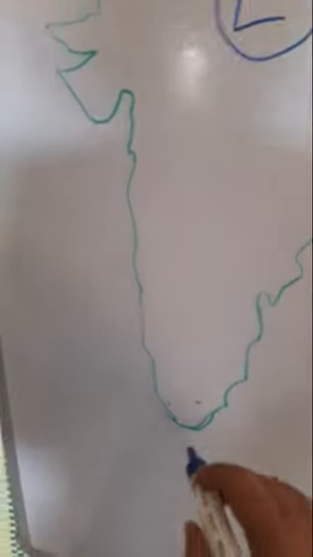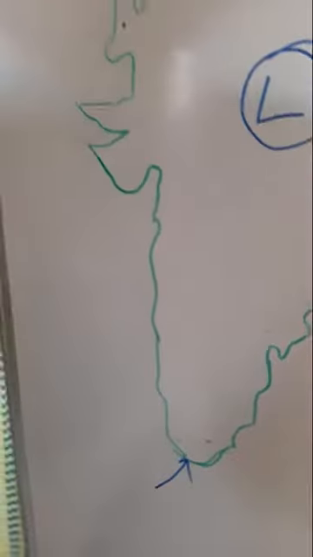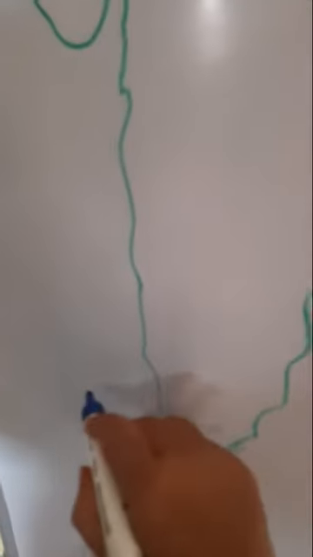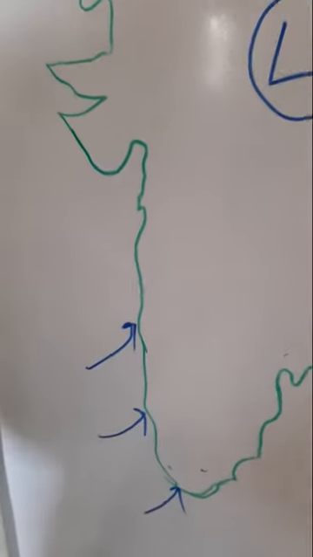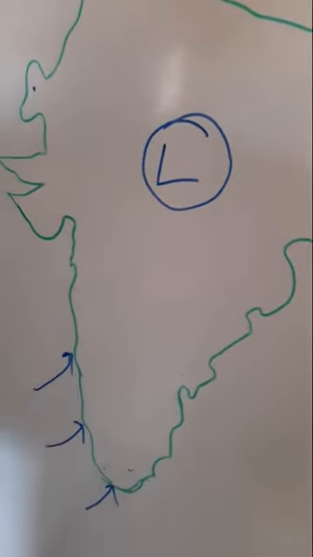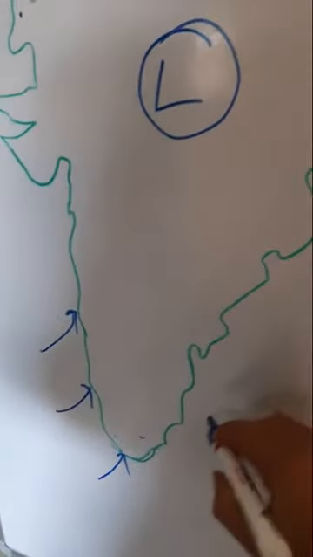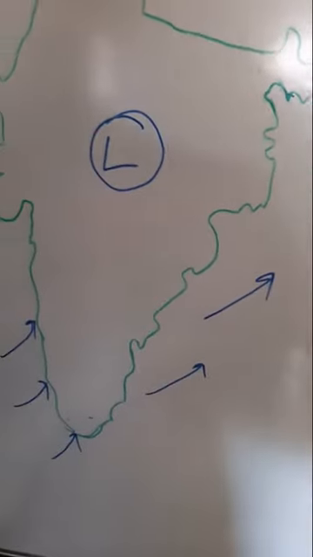The winds first strike the southernmost part of our country and get divided into two branches. One branch enters the Arabian Sea and is known as the Arabian Sea branch of the southwest monsoon. The other branch which enters the Bay of Bengal is known as the Bay of Bengal branch of the southwest monsoon.